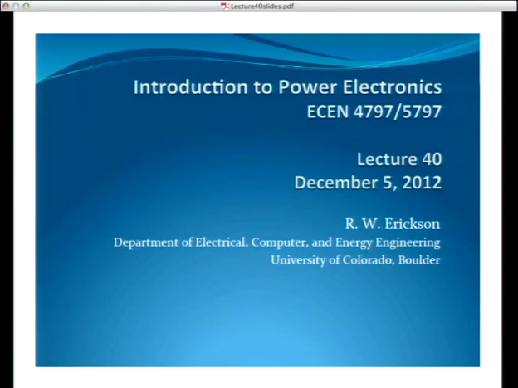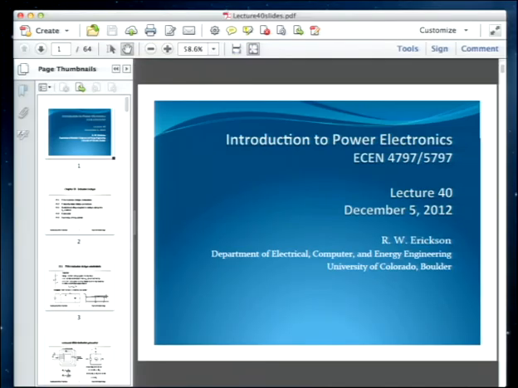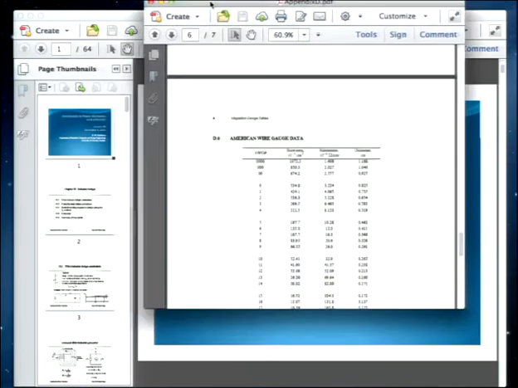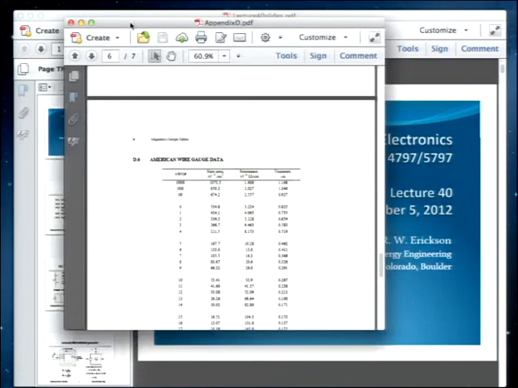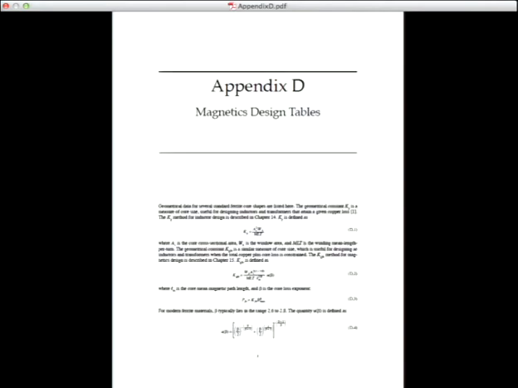Okay, so we'll talk about the appendix today, actually. In fact, I can bring it up. This Appendix D has some tables of standard ferrite core shapes.